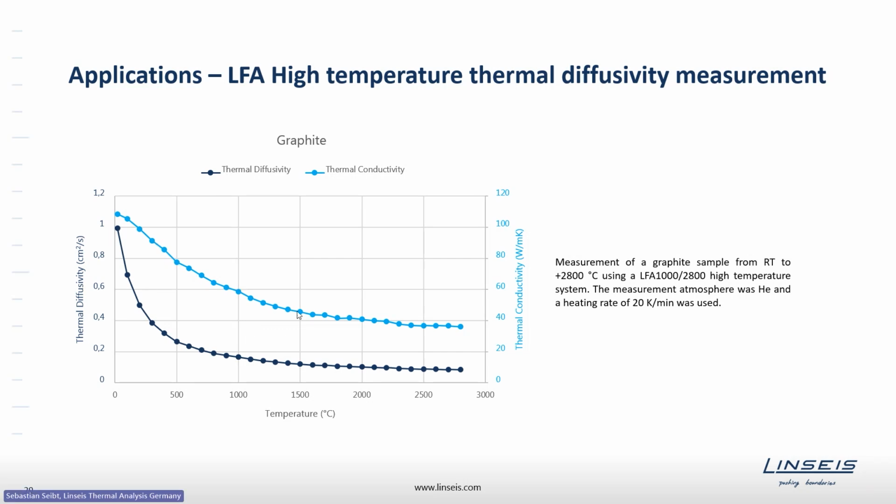At each of these temperature points here, there was a measurement. So you heat to the next temperature, do the measurement, heat to the next temperature, do the measurement, and so on. This is why there are so many points, and there's not just a line, because each point marks one measurement or one experiment at the given temperature. And what you can see is the thermal diffusivity and thermal conductivity behavior up to 2800 centigrade using one of the nuclear LFAs.